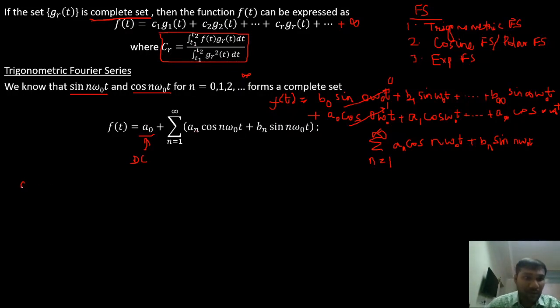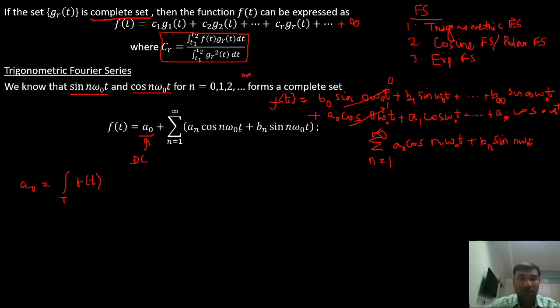So if we consider a naught, I will consider over one single time period, and f of t times gn of t. What is my gn of t here?